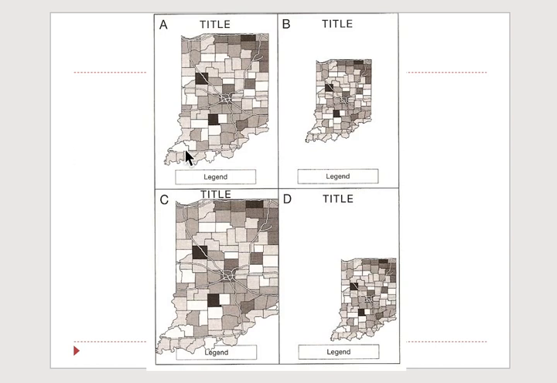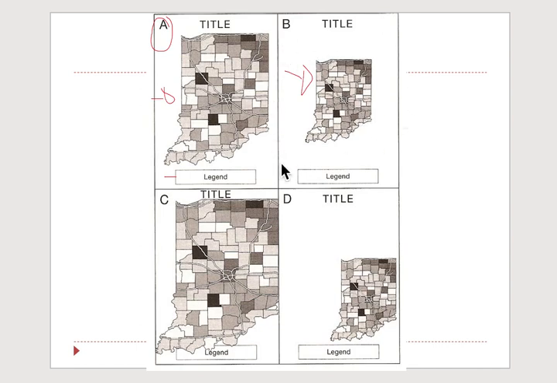Our best position of the map elements would be A. We have our title nicely placed, front and center, and then we have our map at an appropriate size, and then we have our legend. Here our map is a little small, so that's why it's not appropriate.